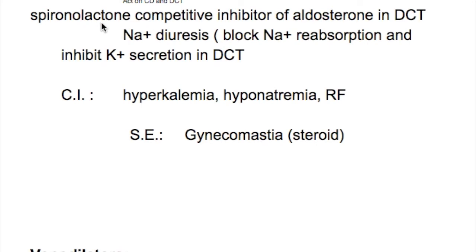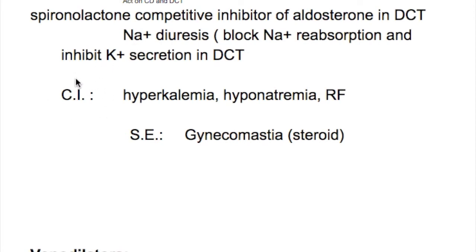Spironolactone is a competitive inhibitor of aldosterone, and it acts in the distal convoluted tubule and blocks the sodium reabsorption, causing sodium diuresis. And number 2, it inhibits the potassium secretion in the distal convoluted tubule. So this is how it causes hyperkalemia or preserves the potassium, and this is how it causes hyponatremia.